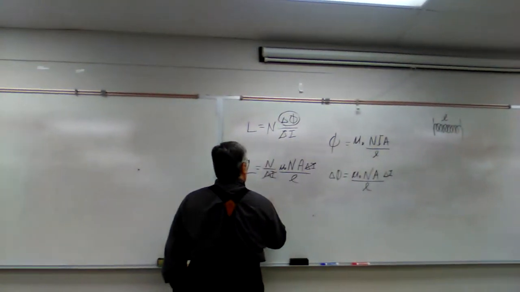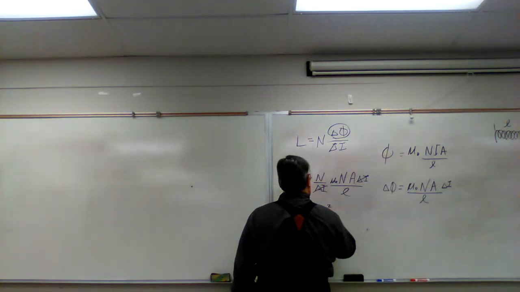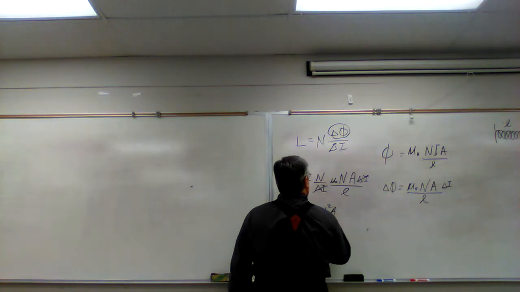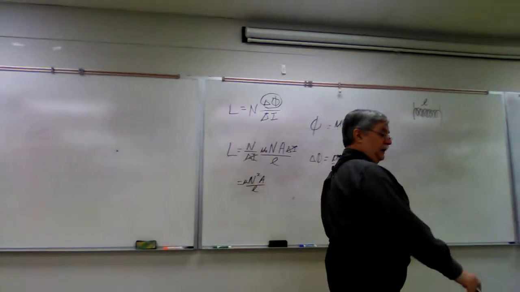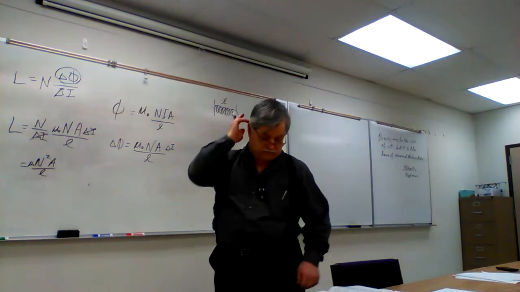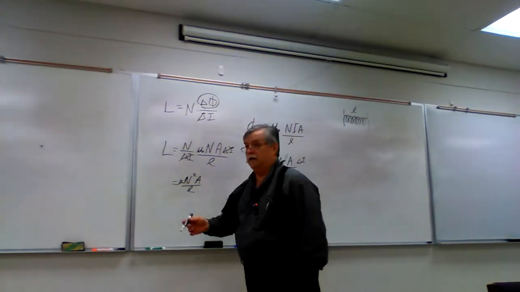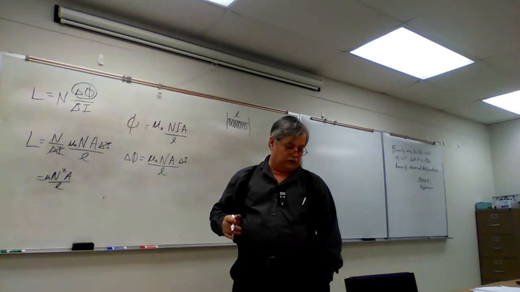So we end up with mu sub naught N squared A over L. That is the self-inductance of your coil, of your solenoid.